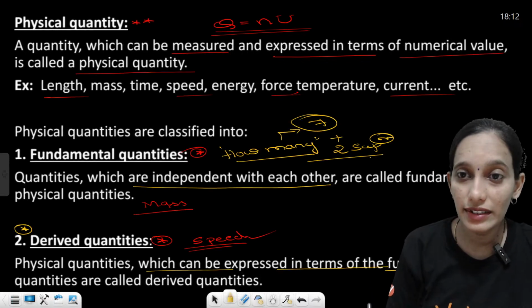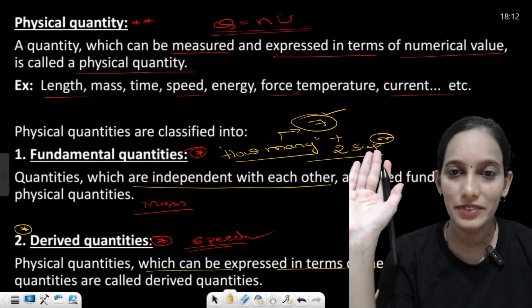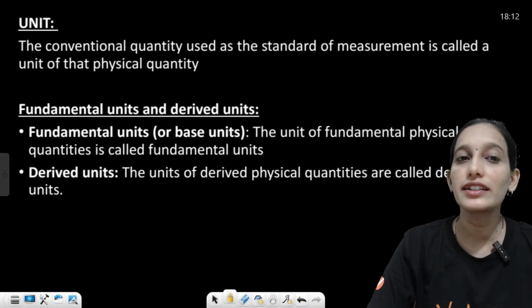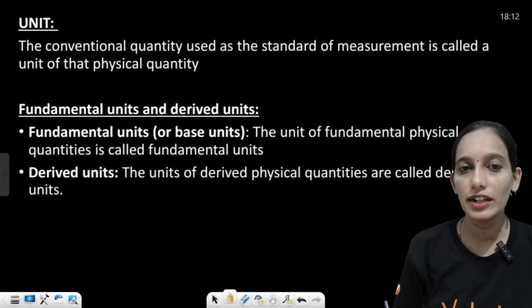What we have defined as 7 fundamental quantities is in terms of the SI system. So before that, let us have a little idea about units and different types of systems of units, and then I'll come to those 7 fundamental quantities.